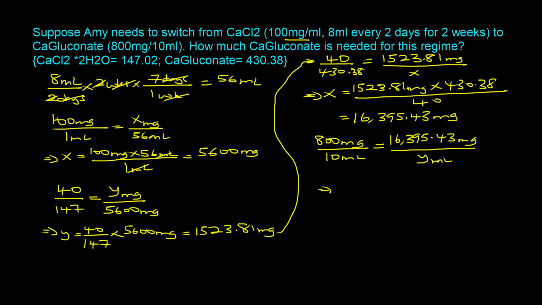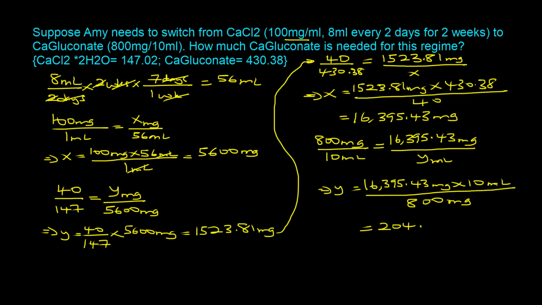So we can go ahead and solve for y here, and y is going to be equal to 16,395.43 milligrams times 10 milliliters, and we can divide all of that by the 800 milligrams, and that should be equal to 204.9 milliliters, or approximately 205 milliliters.